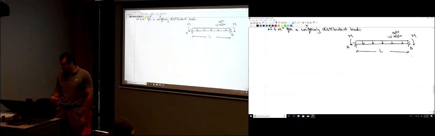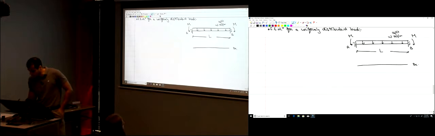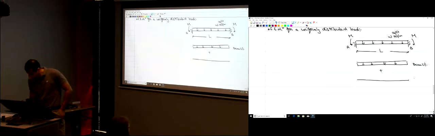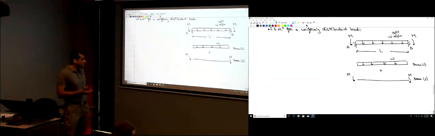To do this, again, we're going to split the loads on the beam into two parts. Beam 1, where we have only the uniformly distributed load W, plus beam 2, where we have the moments M and M. This beam 1 has to be in equilibrium.